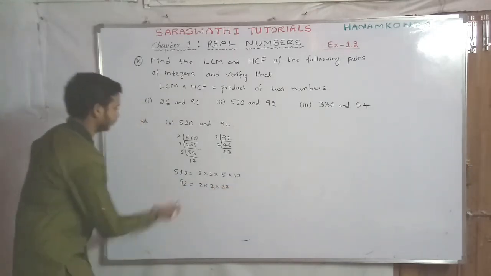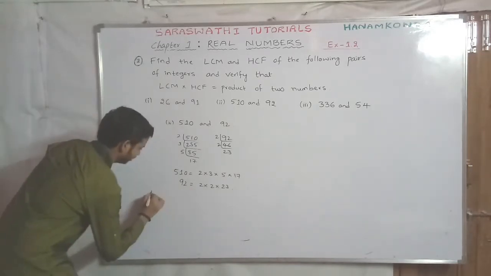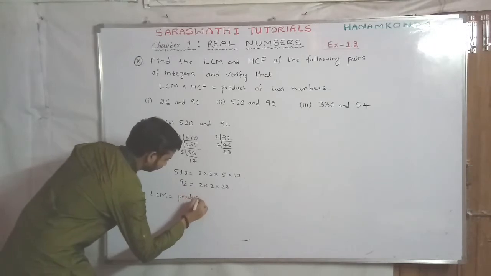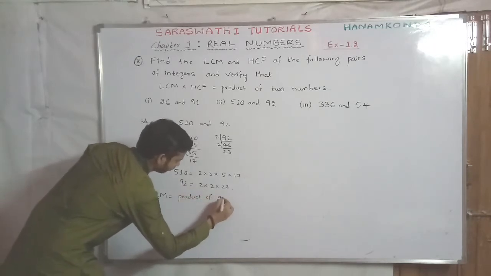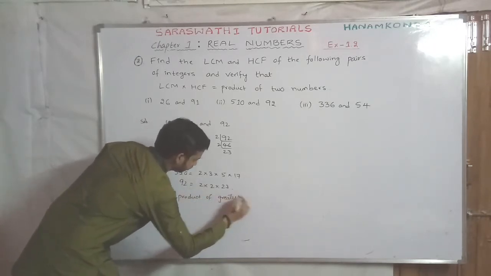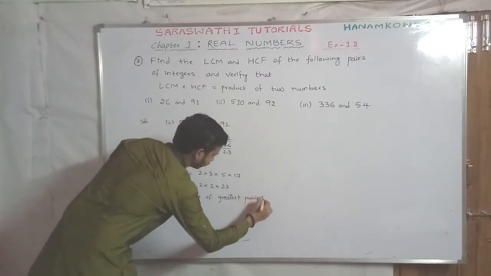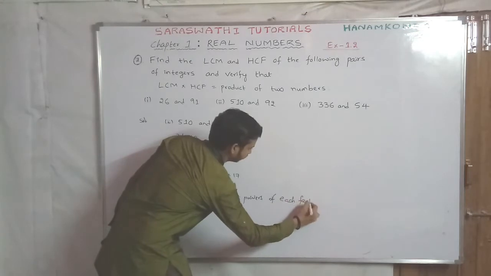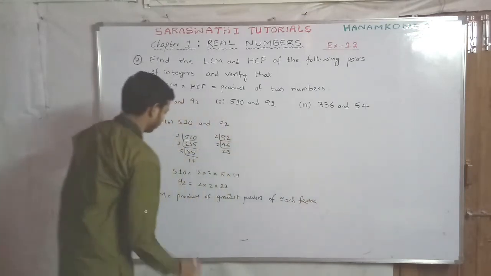Now let us calculate the LCM first. LCM equal to, you know, the product of the greatest powers of each factor.